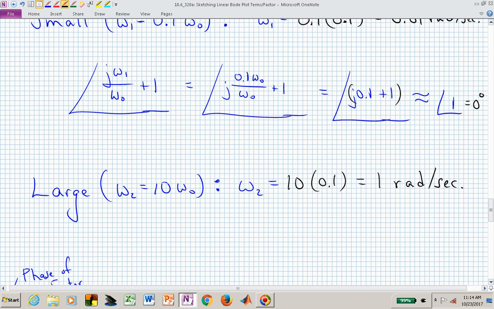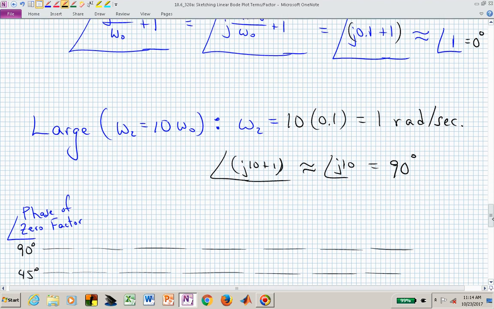Now we're looking at the angle of this complex number that's bigger than an angle of 1 plus j10. Well, now j10 is the dominant piece, so we're just going to say that that's approximately j10's angle, and the angle of j is 90 degrees. So now we want to connect these pieces.